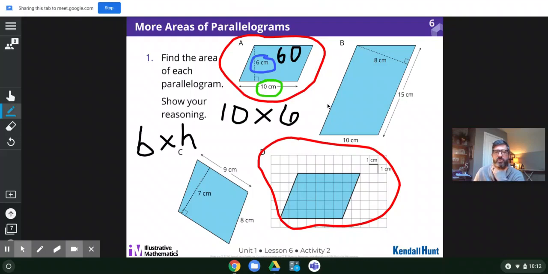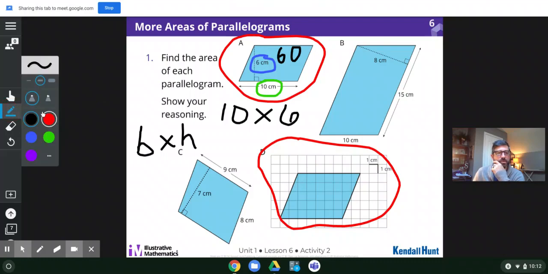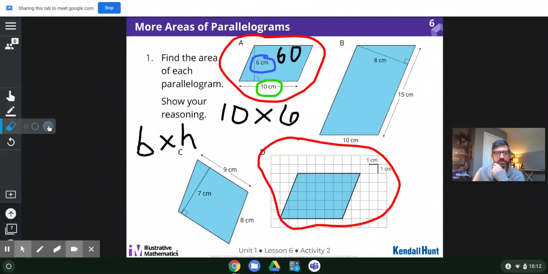All right, let's do one more. We'll do B here. Let me circle it. Actually, let me erase all this other stuff so it doesn't get confusing.